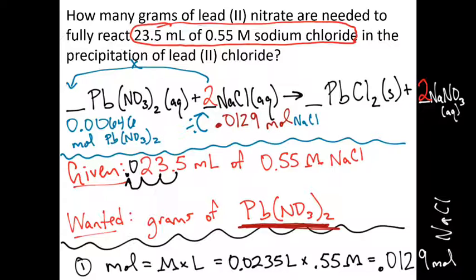And I want to get my final answer in grams though. So if it had asked for moles of Pb(NO3)2, I would be done. So my last step I'm going to have to put on the board because I'm out of space up there. This one was asking for grams, so my last step is a molar mass step, kind of like it was in the example with the bell ringer there.